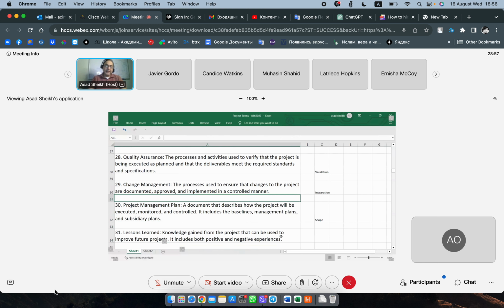Project management plan. So when we talk about project management plan, what do we mean? It's a document that describes how the project will be executed, monitored, and controlled. The triple constraint. It includes the baselines, the management plans, and subsidiary plans. So all the plans that we are going to put together in this project, the change management plan, the quality plan, the schedule plan, the procurement plan, all of the 10 knowledge areas will have some sort of planning within each of those.